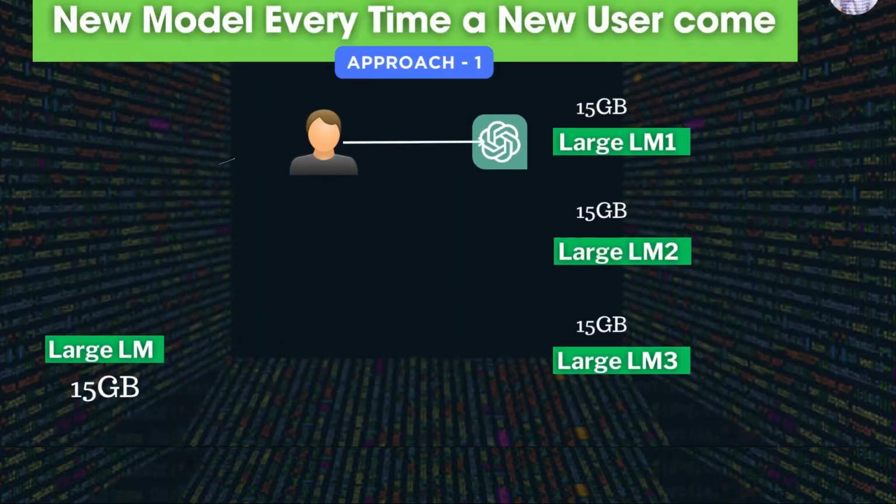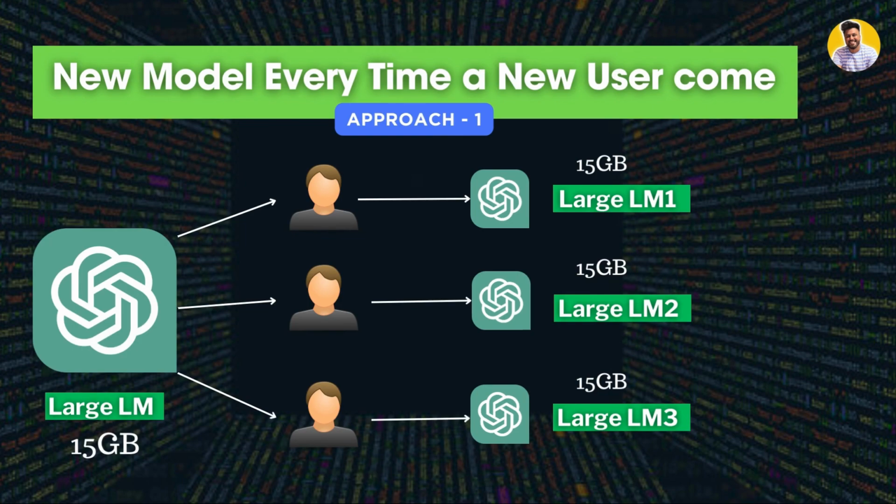The very first technique is a new model every time a new user comes. Let's say you have a 15 GB large language model and you want to build a 15 GB large language model for all the users that you have. Then you have 3 large language models of 15 GB each if you have 3 users.